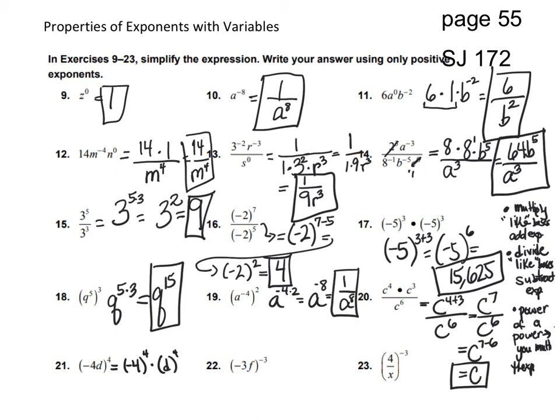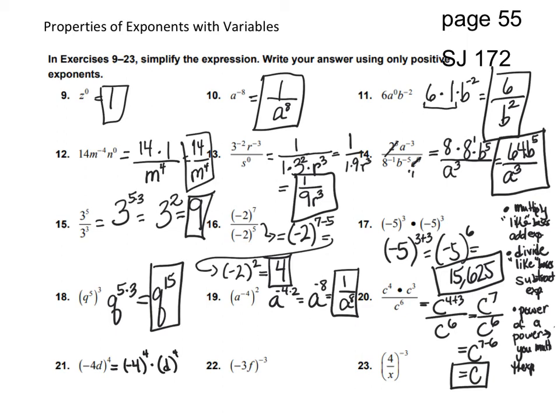When we get to actually doing polynomials, binomials, trinomials, you'll see a mistake that students make. They use this power of a product rule when they have a sum or a difference, and I'll talk about that more later. But I just want to point out, you only do what I'm doing here when you have power of a product.